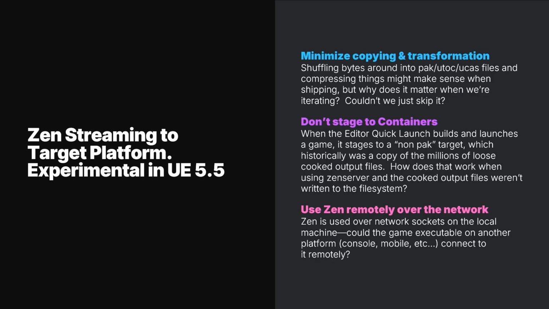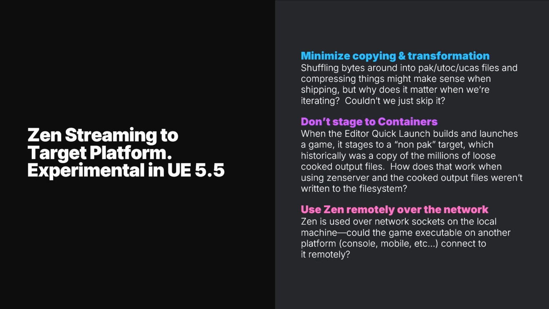This is where we start to introduce Zen streaming to target platform. This is experimental in UE 5.5. So what we're doing here is we are looking to minimize copying and transformation, shuffling around bytes into pak, UTOC, UCAS files, and compressing things. That makes sense when we're shipping, but why does it matter when we're iterating? Could we just skip it?